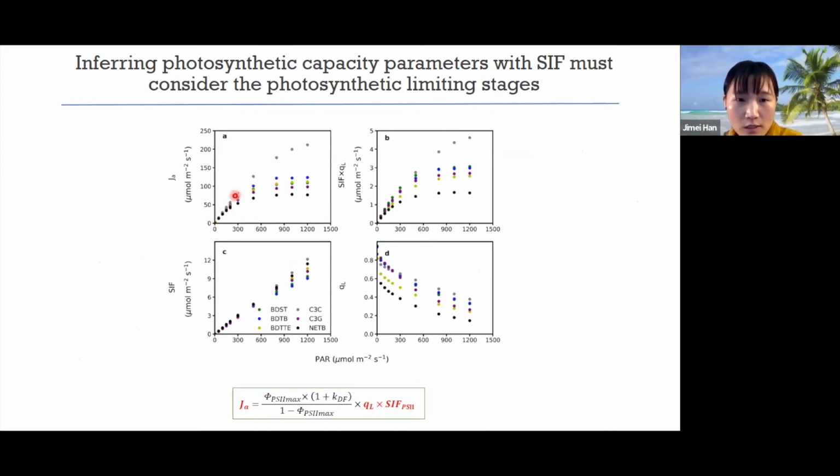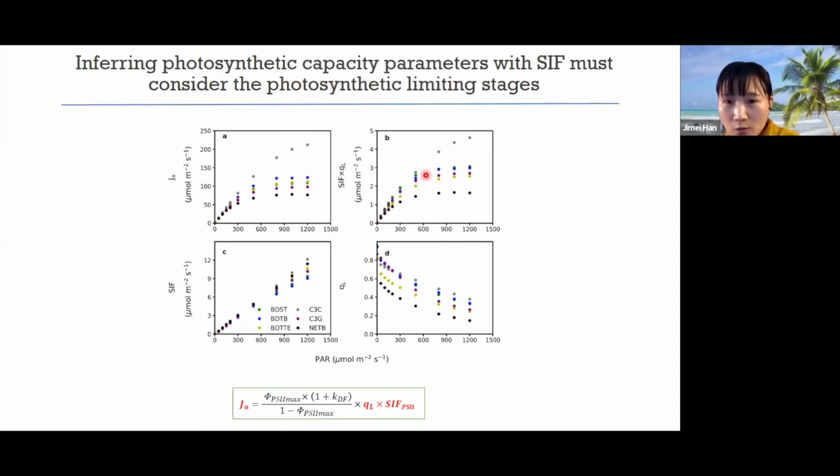For example, if the actual electron transport rate is increasing with PAR, then the data belong to the RuBP regeneration limitation status. But if the actual electron transport rate plateaus with PAR, then the data is Rubisco limited.